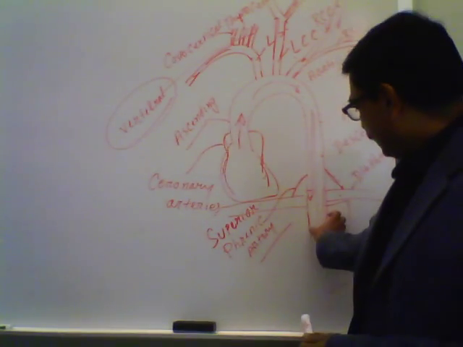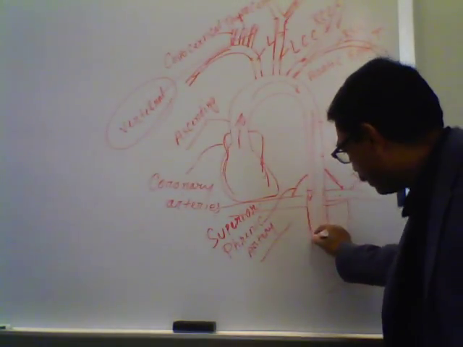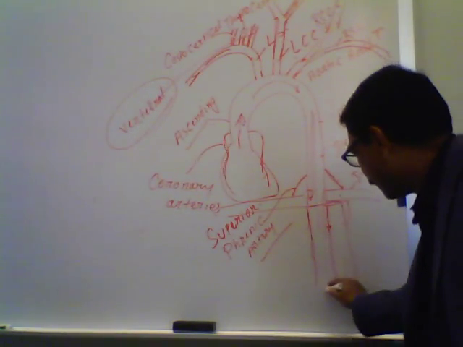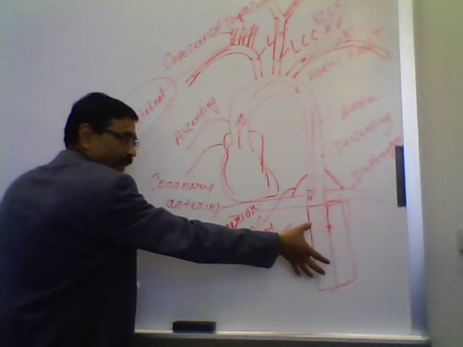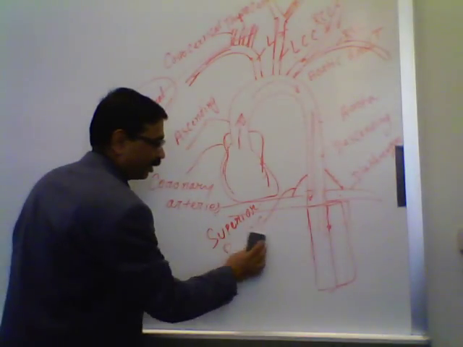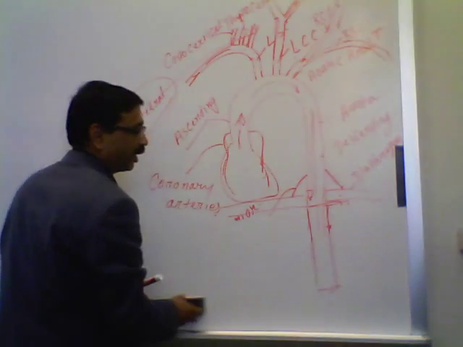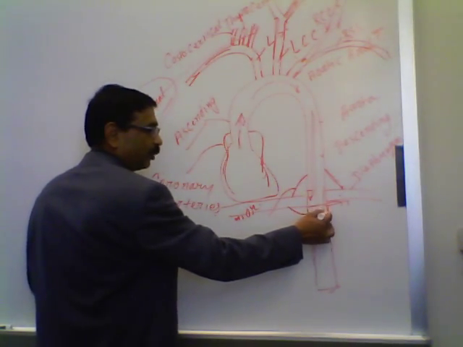Now we'll see the abdominal part of the descending aorta. This is the abdominal part of the descending aorta. It gives a number of arteries. So what are those arteries? First, the arteries that go to the diaphragm.